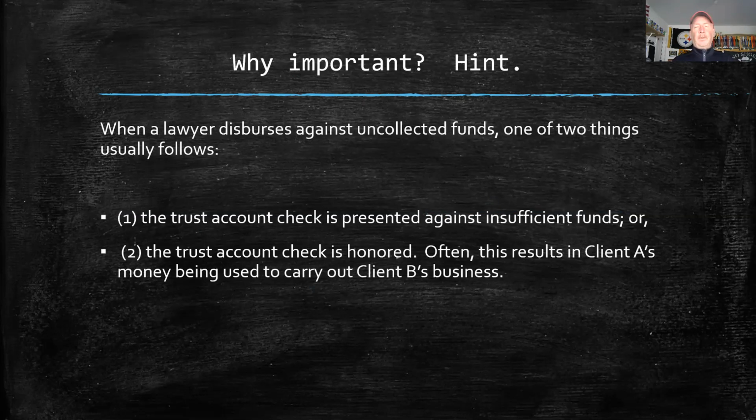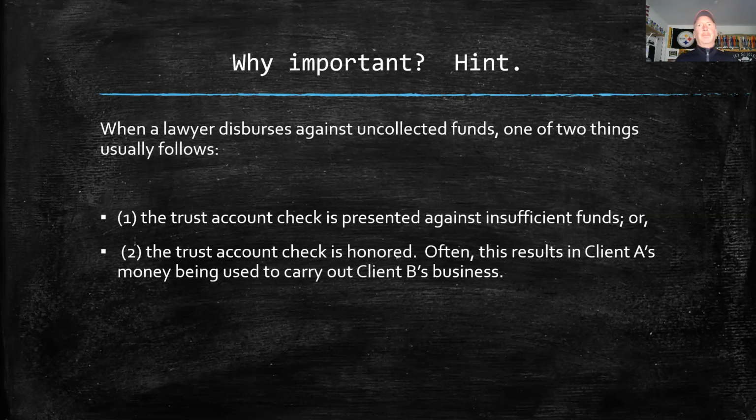Or two, the bank honors the check that the lawyer issues, and therefore, because the check was issued against a deposit that isn't there yet, that hasn't yet been collected, somebody else's money is used to carry out a different client's business.